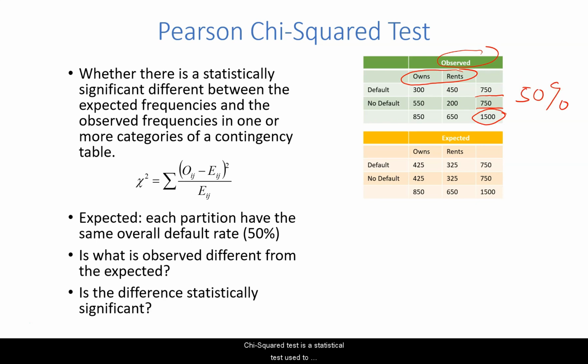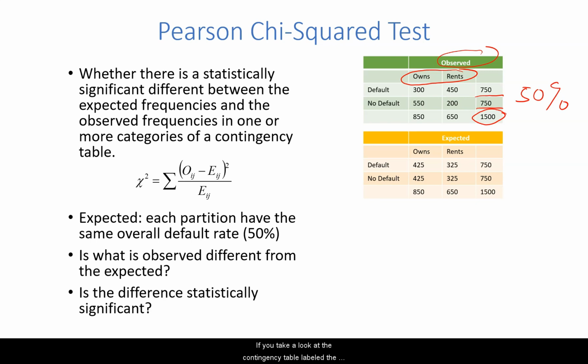Chi-squared test is a statistical test used to determine whether there is a statistically significant difference between the expected frequencies and the observed frequencies in one or more categories of a contingency table. Okay, let's try to understand this.